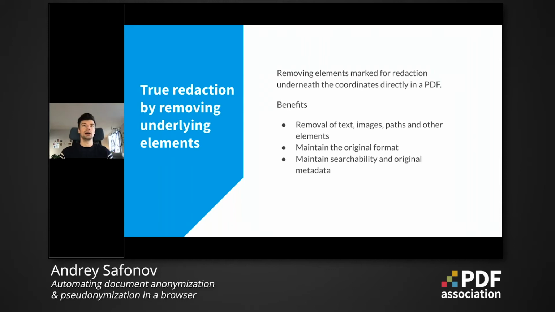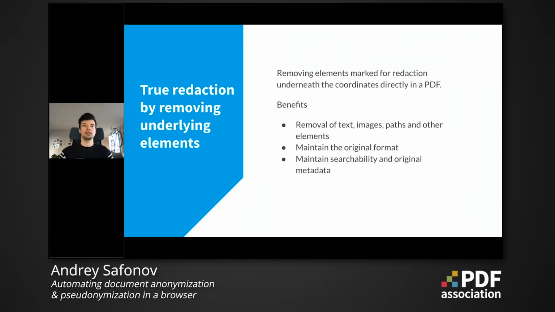And this one is probably the best approach to redaction, which is following the PDF specification set out. We can use the redaction annotations to signify or place areas that need to be marked up for redaction. Now we can get the bounding box of the redaction annotation and, using the quads information or the coordinates, find out any elements that either are underneath or intersect with that bounding box.